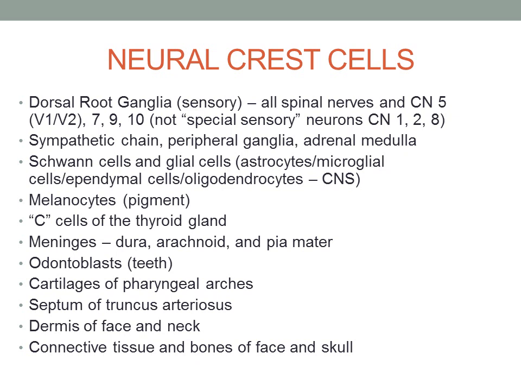The neural crest cells continue to develop and give us structures also of importance, including all sensory afferent fibers that have their cell bodies in the dorsal root ganglia, of all spinal nerves, and also of cranial nerves 5, 7, 9, and 10. The neural crest cells give us the sympathetic chain, the peripheral ganglia, and also the adrenal medulla.